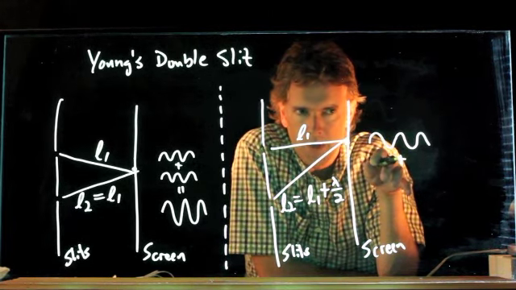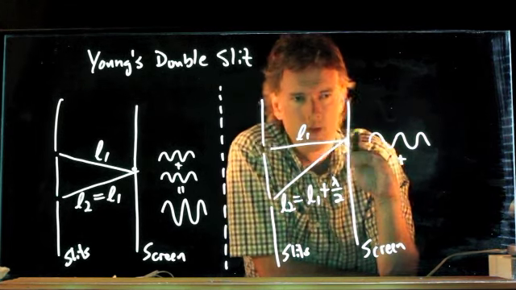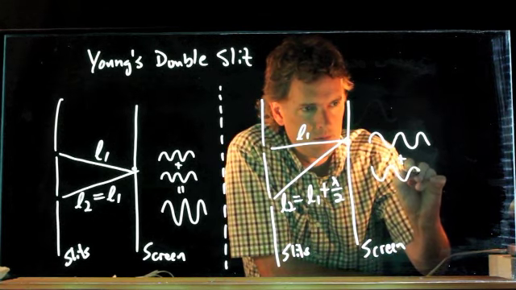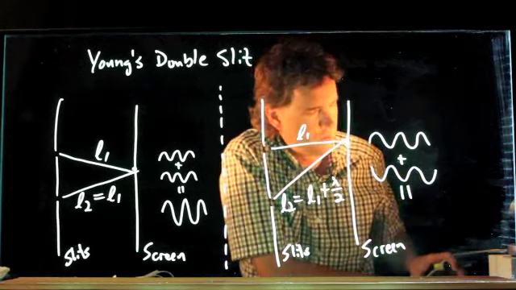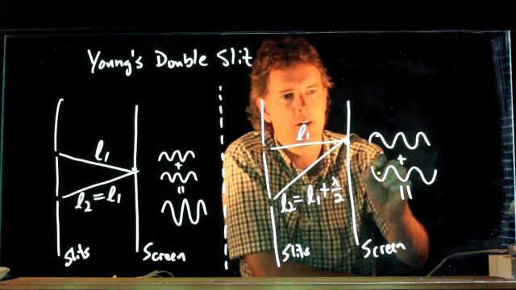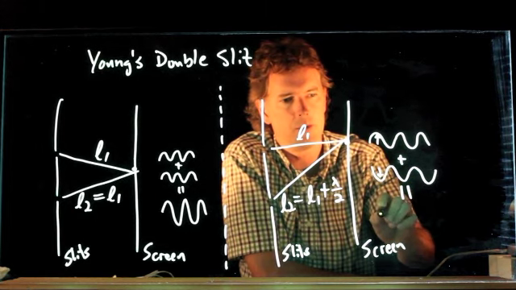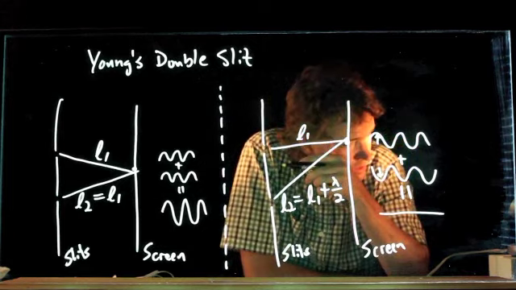If I shift a wave by a half a wavelength, that's really the same as flipping it over. So it's going to look like this. And now look what happens. We've got positive here, negative there. That's going to add up to 0, and in fact it's going to be 0 everywhere.